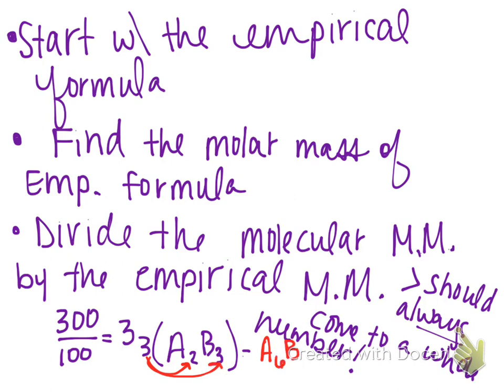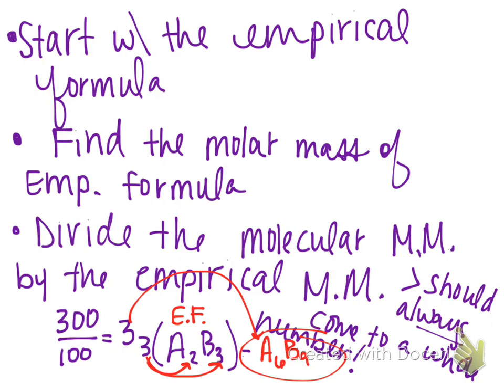A6B9. Okay, does that make sense? Those are made up compounds. But that's why we use the ratio, right? The empirical formula is the most reduced version. The molecular formula is the bigger version. So we're looking at that whole number ratio to tell us how much bigger the molecular formula is than the empirical. That's the goal. Okay, does that kind of make sense?